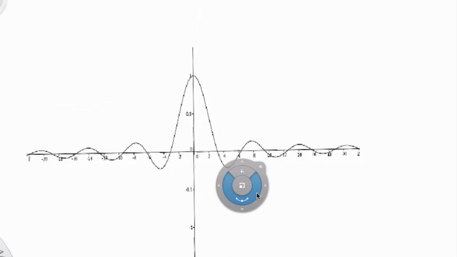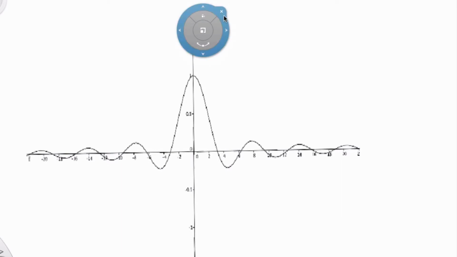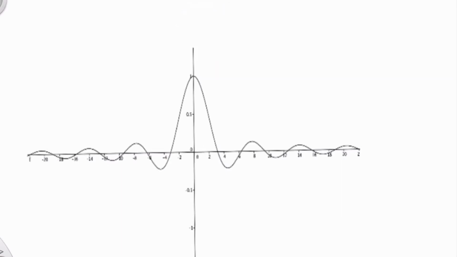So this right here is a function of sine x over x. It looks to be continuous because if I was to trace along the life of the function, it looks like a nice smooth curve.